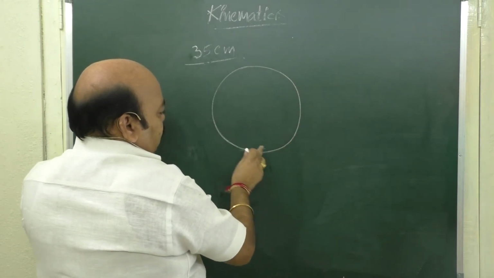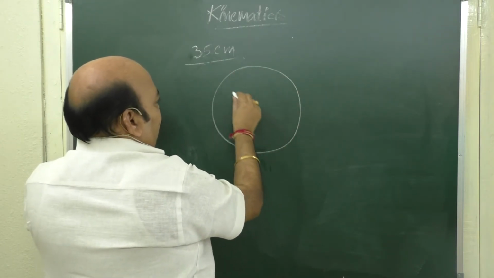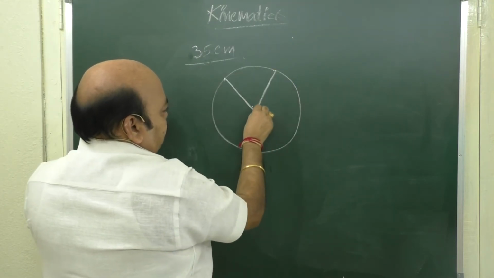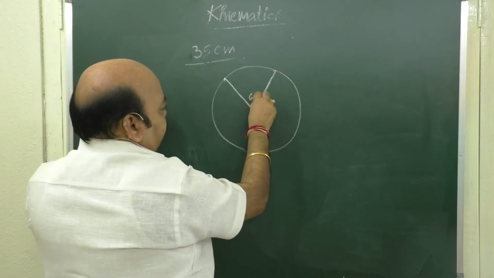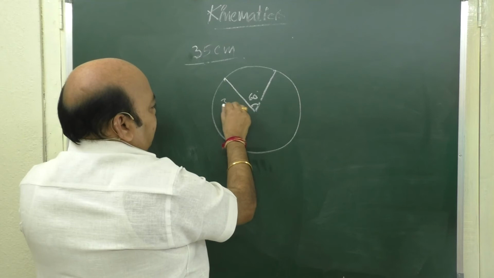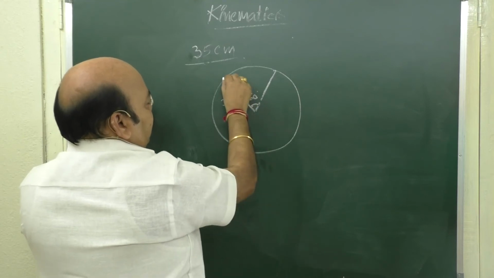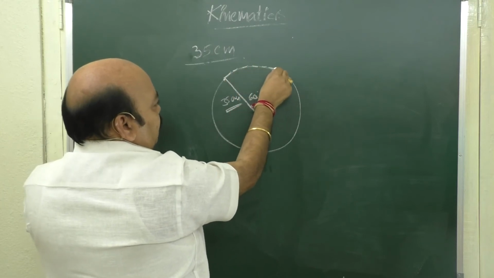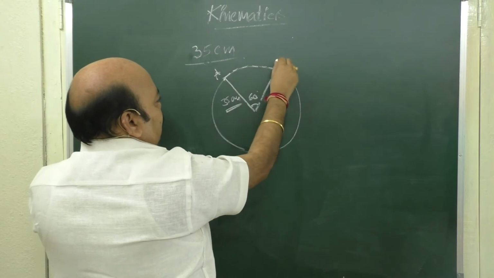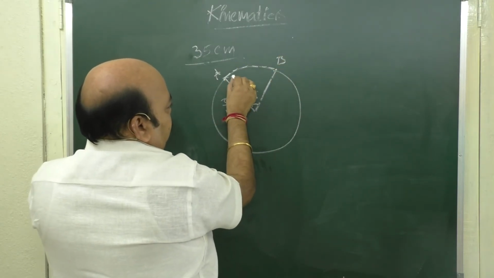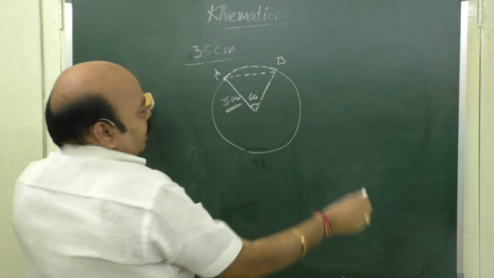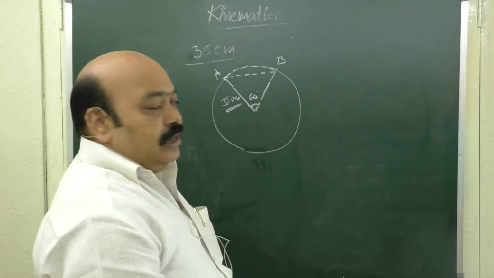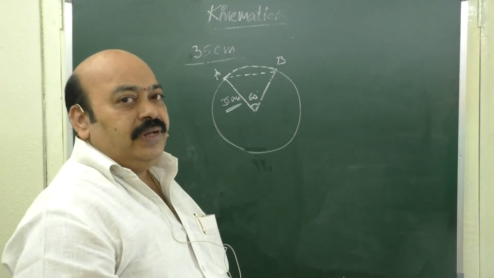It is a circle and the angle subtended by it is 60 degrees, and its radius is 35 centimeter. This is the distance traveled and the shortest distance, again, is the displacement of the particle. How do we calculate this? Using the formulas derived previously.